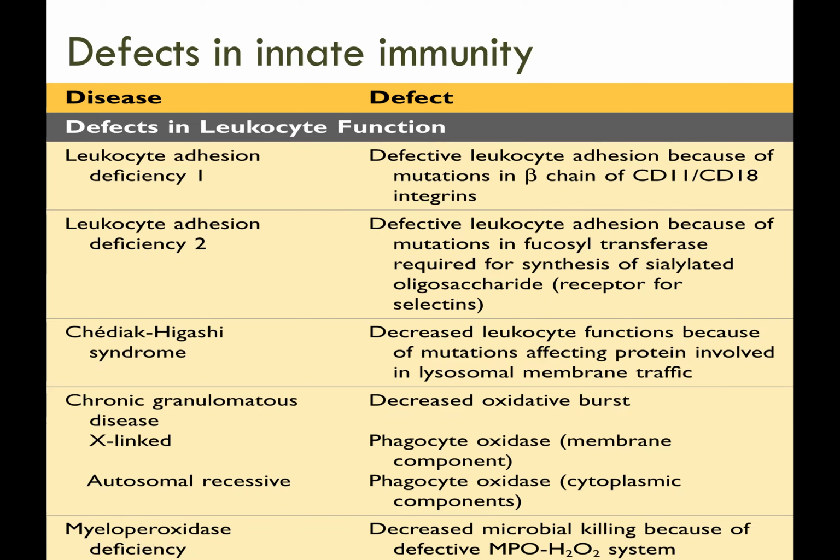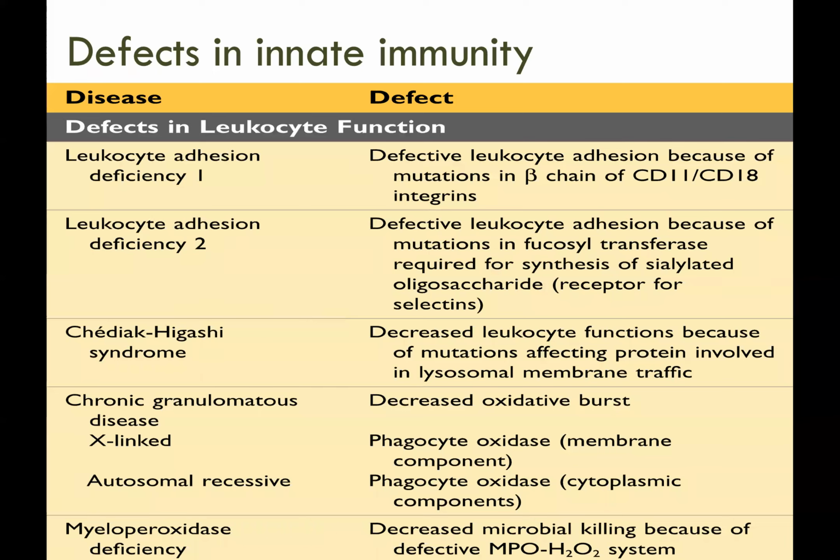So, as you can see here, this is a table which tells you defects in leukocyte function. It can be a defect in leukocyte adhesion, which is of two types. You have type 1 and type 2. What is defective is basically written on the second column.